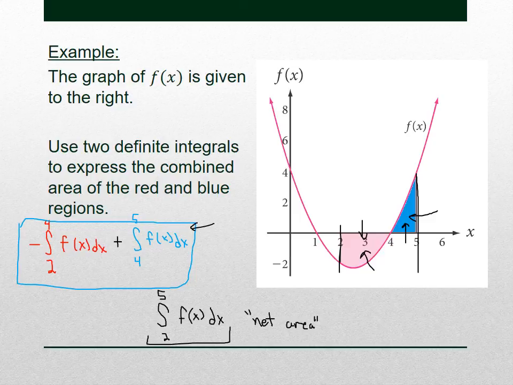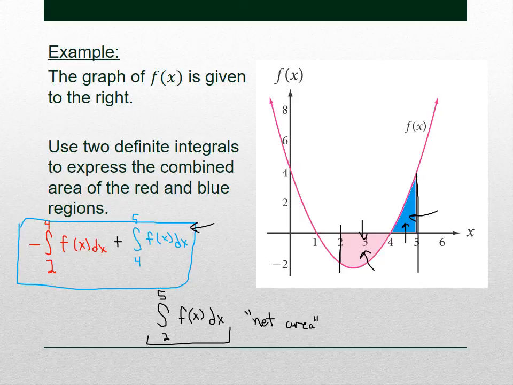And so that's an important distinction between the total area, where you have to account for which part is negative, and the net area, where it's going to add the stuff above as a positive number and then subtract off the area below. Right, so this net area can be a negative number.